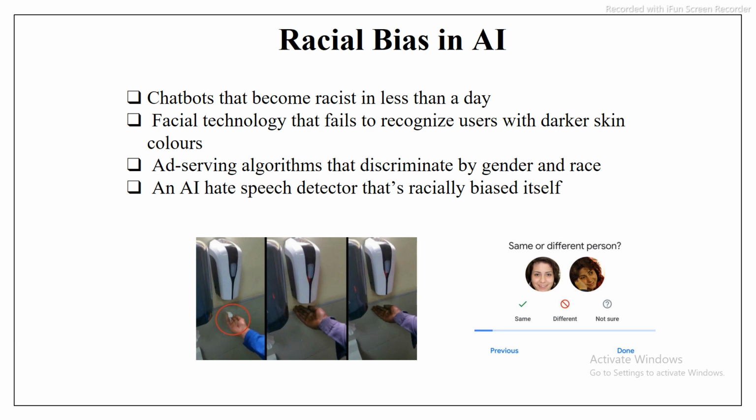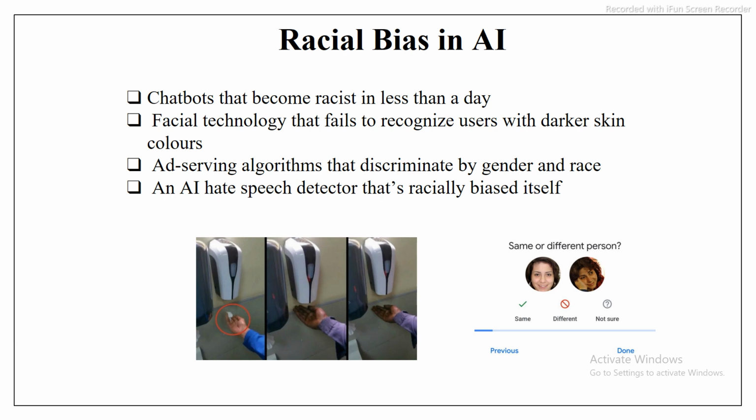Another example: you might have seen on some websites ad serving algorithms that serve more ads to the male gender and less to the female. They were trained in such a way that if you are male, they give you a certain kind of ads exclusively, but they don't give the same results to females.